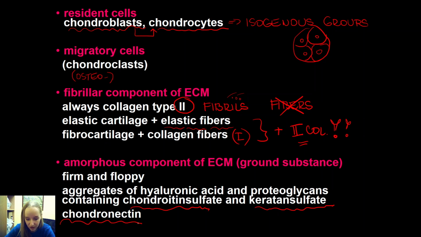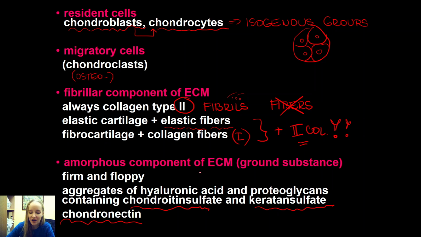So structural glycoproteins and these glycosaminoglycans and proteoglycans are forming these very big aggregates in the cartilage. Really, the cartilage has such a firm consistency because of these that it does not let blood vessels go inside.